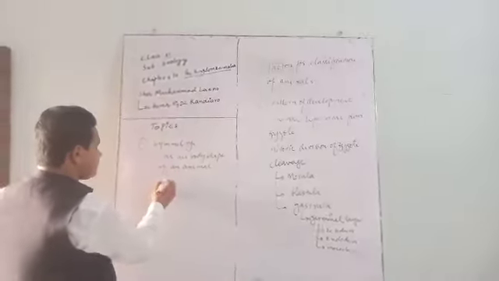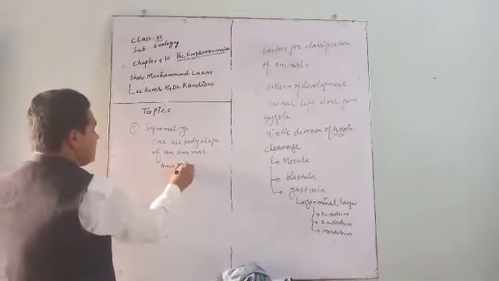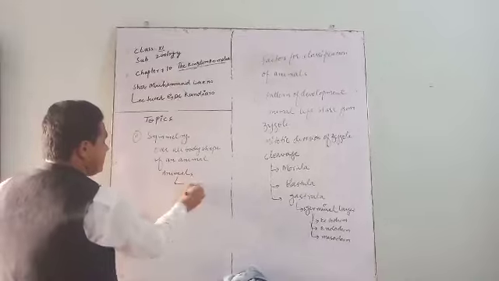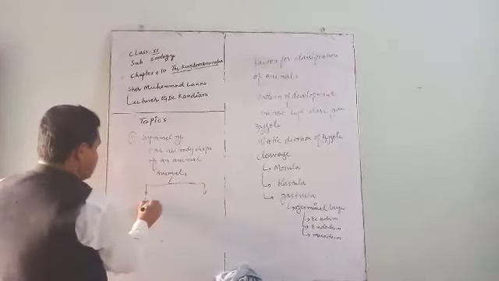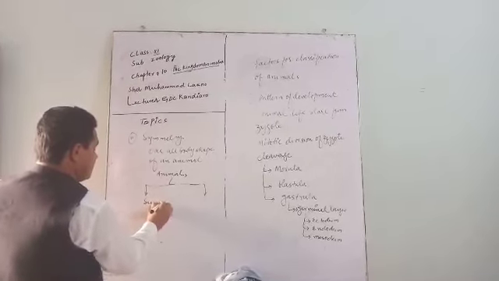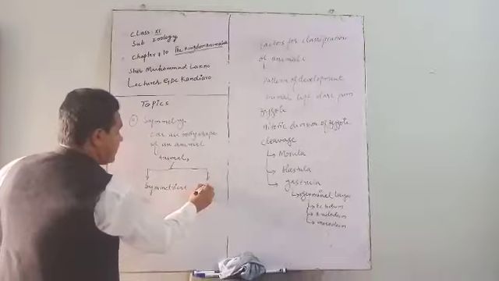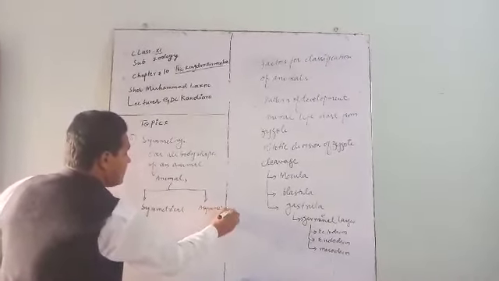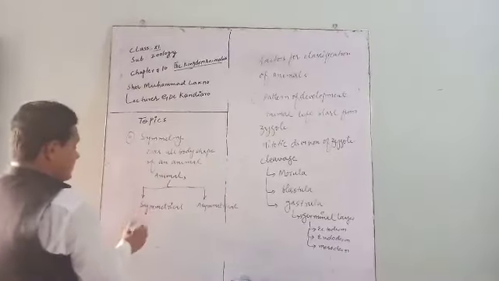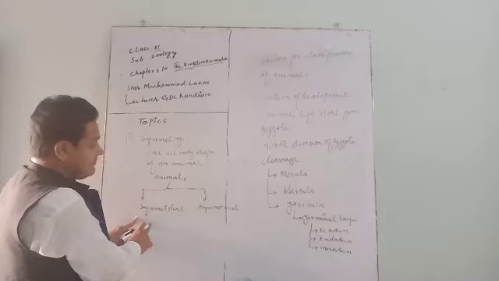Here I am writing: animals, symmetrical animals, and asymmetrical animals. Symmetrical animals are those animals that have symmetry.